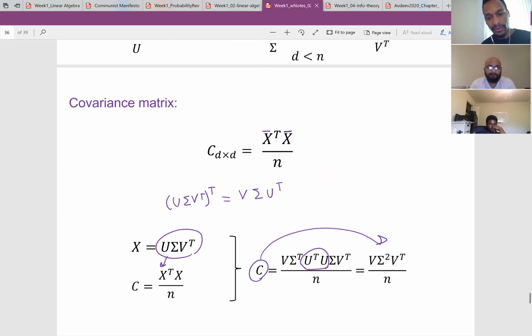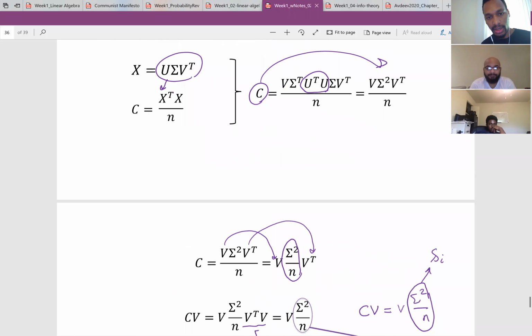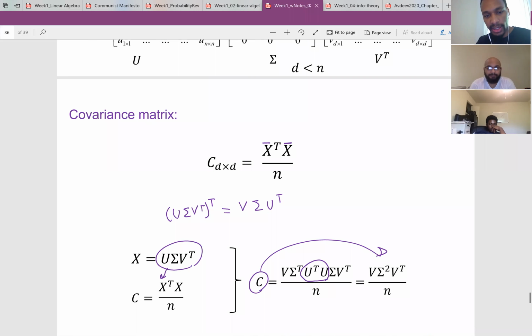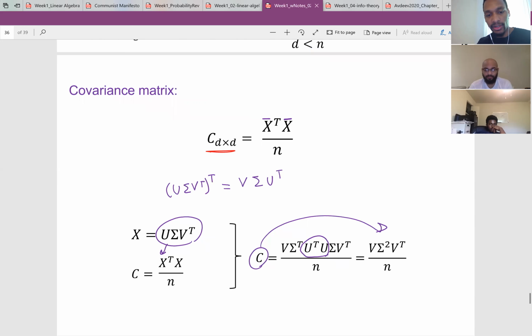And then that can help you do a lot of interesting things. So for example, if you're trying to find the covariance matrix that we just discussed up there, you can break this X down into this singular value decomposition, then you can plug it into that computation.